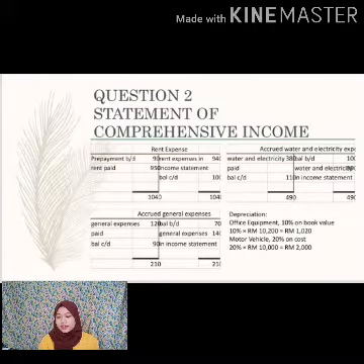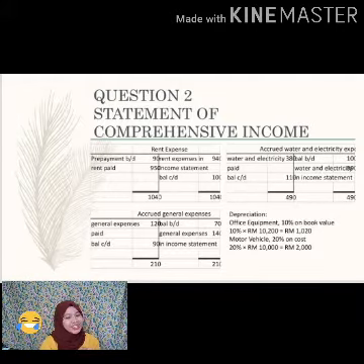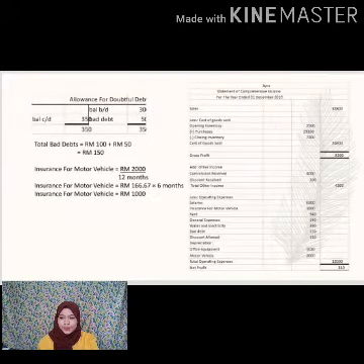So 10% times 10,200, we will get 1,200. For the motor vehicles, 20% on cost times 10,000, so we get 2,000. Alright, so all these amounts we will put in the comprehensive income statement. Okay, next is allowance of doubtful.